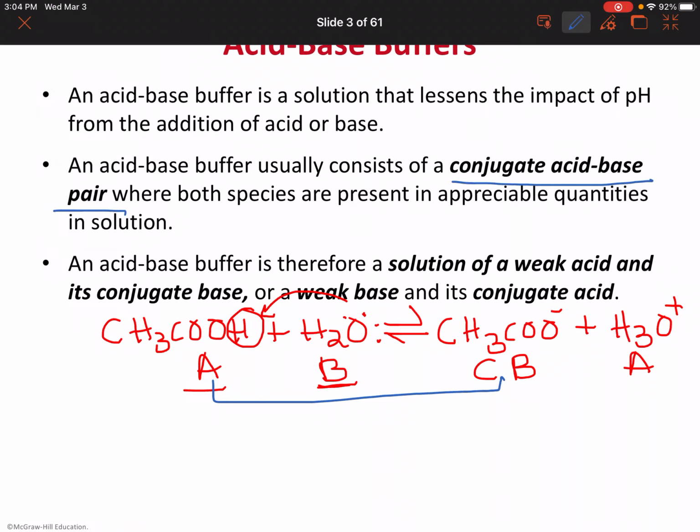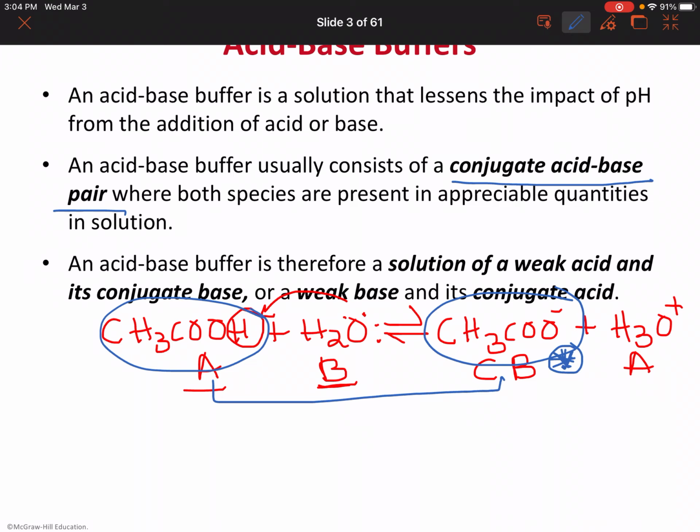So if you want to make a buffer with acetic acid, you have to select acetic acid, and also you have to choose a conjugate base for the acetic acid. Now from the acid dissociation of a weak acid, we make acetate ion in the solution. But in a buffer, we are not going to utilize this acetate ion as your conjugate base. We have to add it as a separate conjugate base. How would you do that?